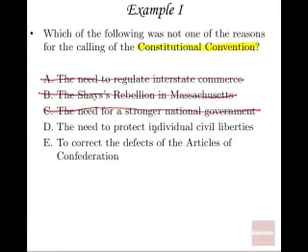The need to protect individual civil liberties. This one's kind of tricky because this happened after the Constitutional Convention convened. There's the idea that there was too strong of a national government.